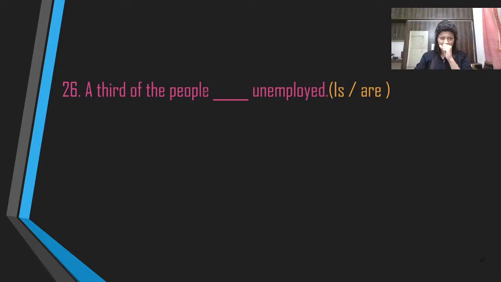Having said that, let's go to the next question, which is: a third of the people dash unemployed. What is the answer, guys? Ekta, Rukshna, Sejal, Alma, Sumit.